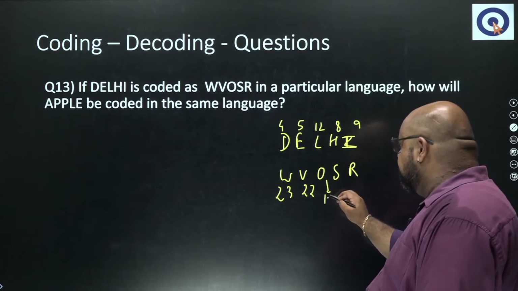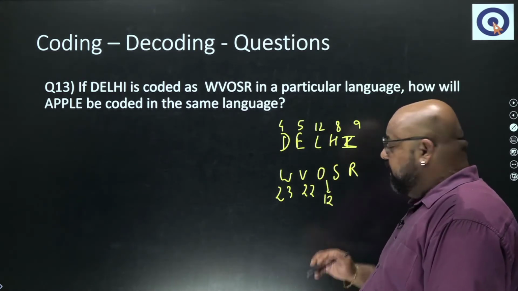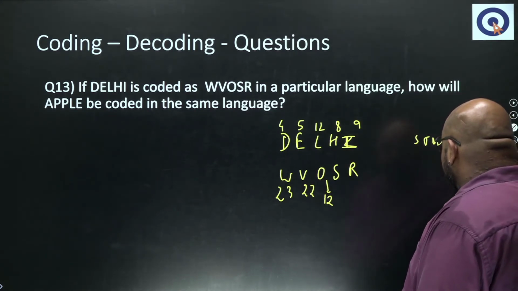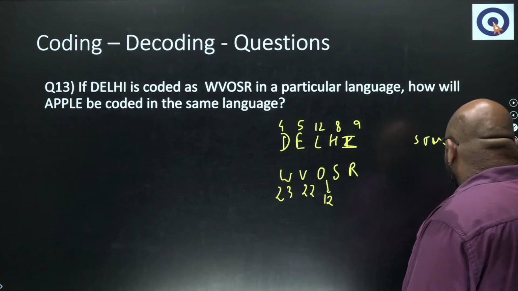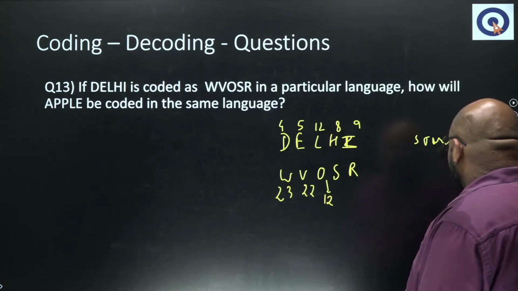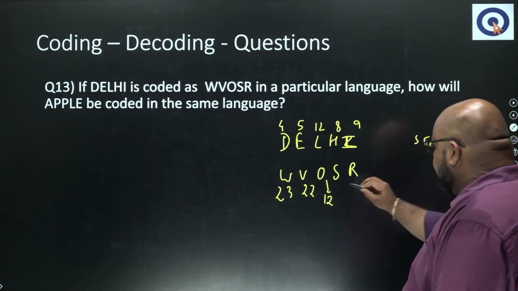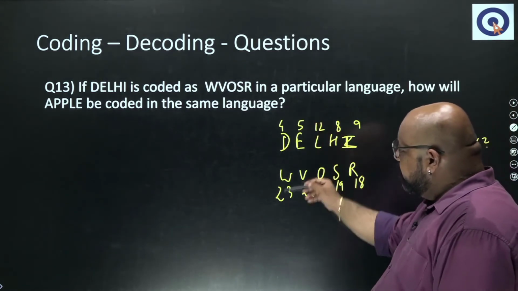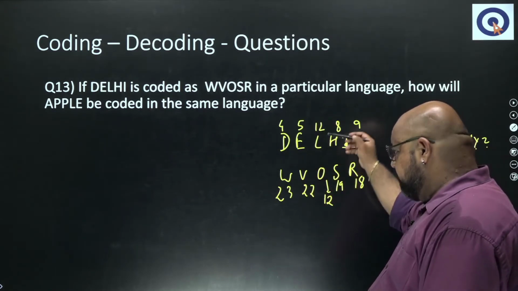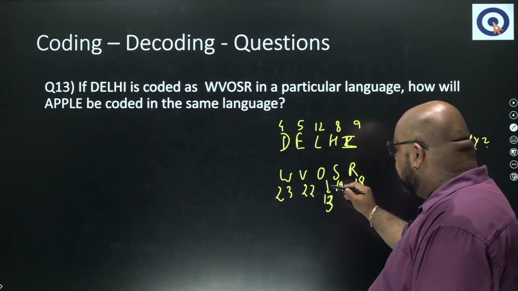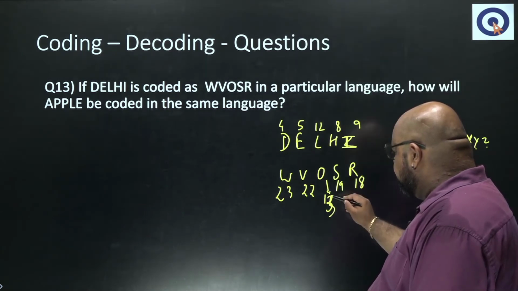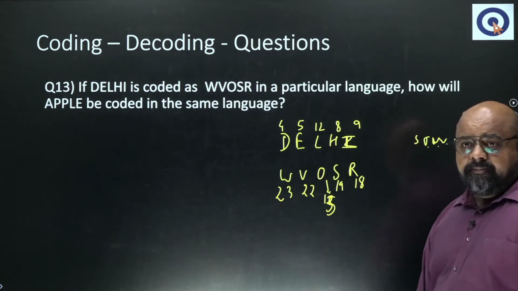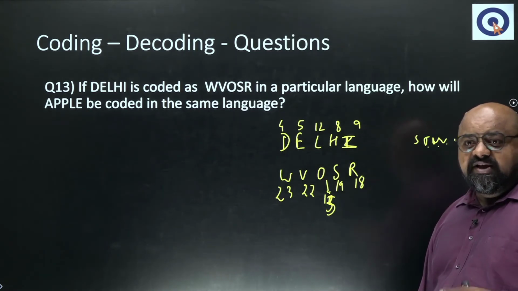O will become 15. S, 19. R, this one before this, 18. As you can see, 4 plus 23 is 27, 5 plus 22 is 27, 12 plus 15 is 27, 8 plus 19 is 27, 9 plus 18 is 27. Right? So these are reverse codes.